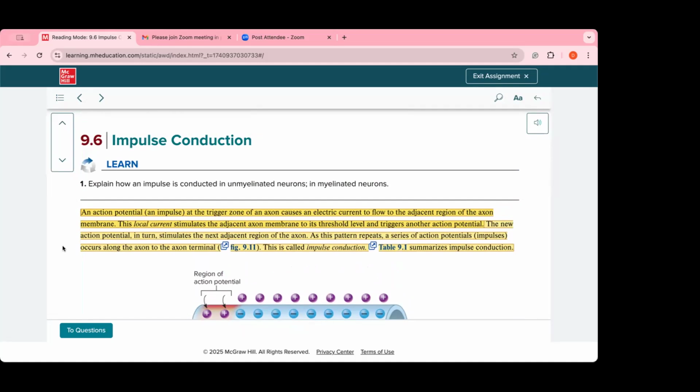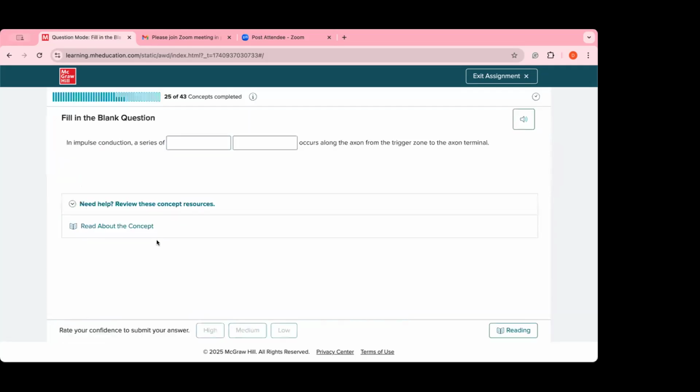As this pattern repeats, a series of action potentials occurs along the axon to the axon terminal. So it's action potentials. Action potentials is what they want.